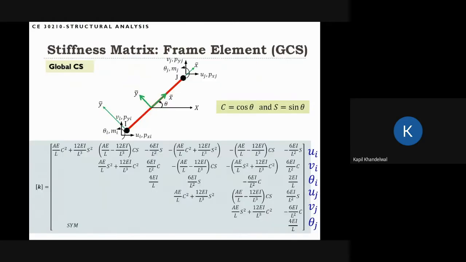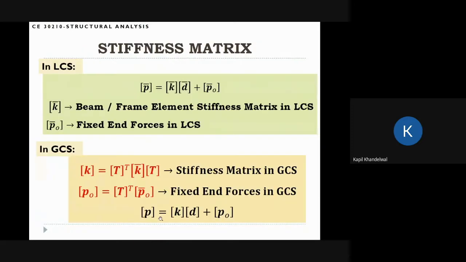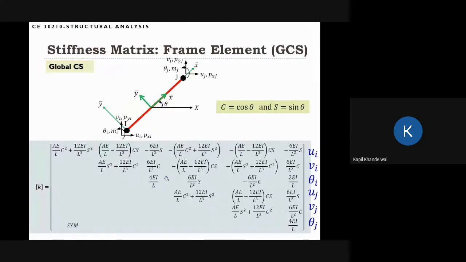So let me also give you this calculation, T transpose K bar T. I actually did the calculation, and this is what the matrix looks like in the global coordinate system. So this is the stiffness matrix of a frame element in which I'm assuming that the orientation angle is theta, and remember that theta is measured from the global x-axis to the local x-axis, moving in the anti-clockwise direction.